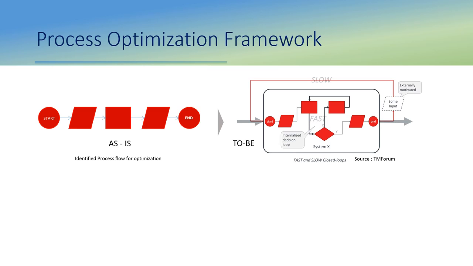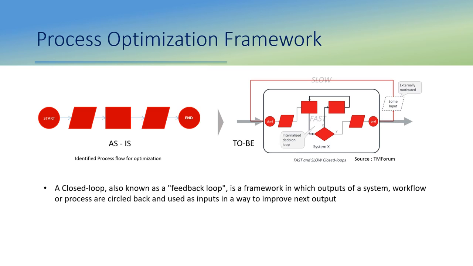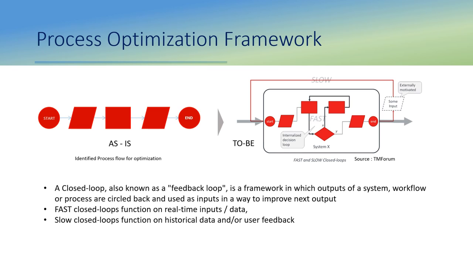A closed-loop framework, also known as a feedback loop, is a framework in which outputs of a system, workflow, or process are circled back and used as inputs in a way to improve the next output. There are fast and slow closed loops. Fast closed loops function on real-time inputs and data. Slow closed loops function on historical data and/or user feedback.